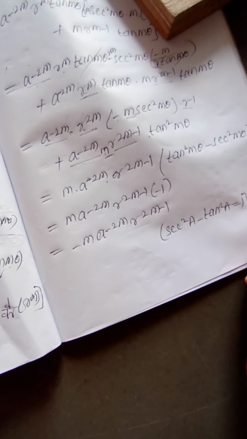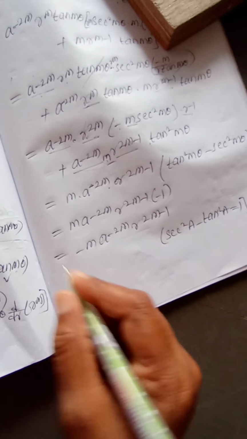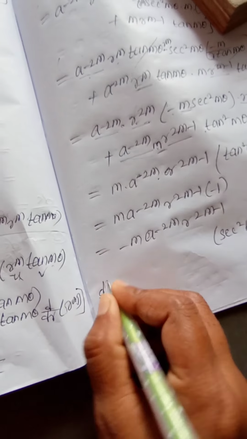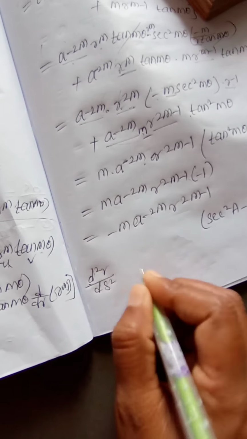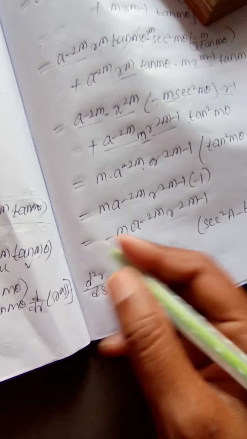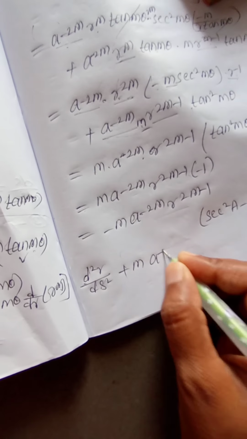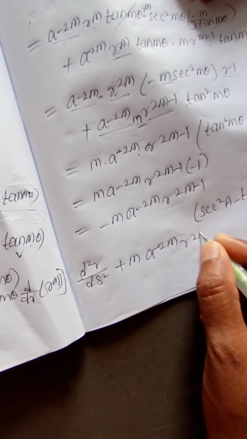So the right side is d square r by ds square. So d square r by ds square, take the minus value to the left hand side, we get m into a to the power of minus 2m, r to the power of 2m minus 1 equal to 0.